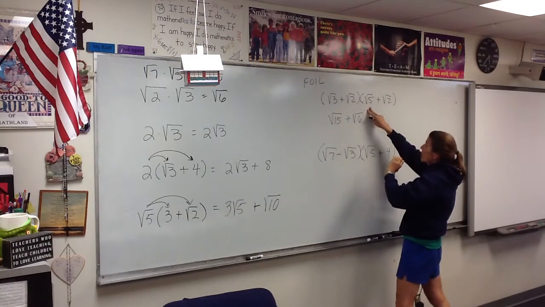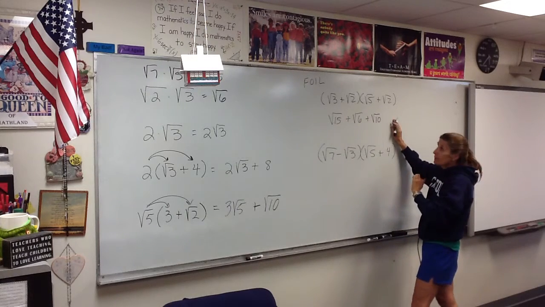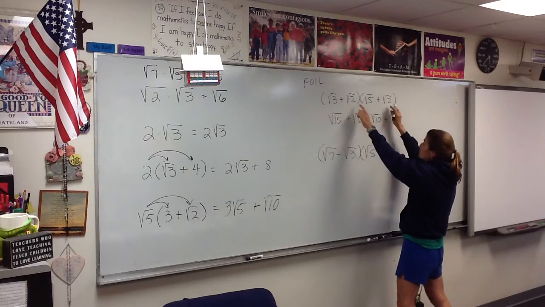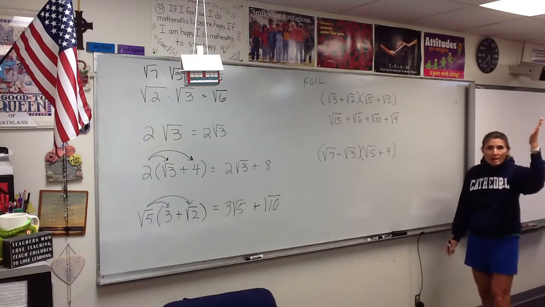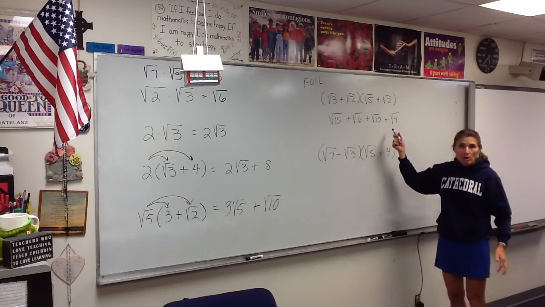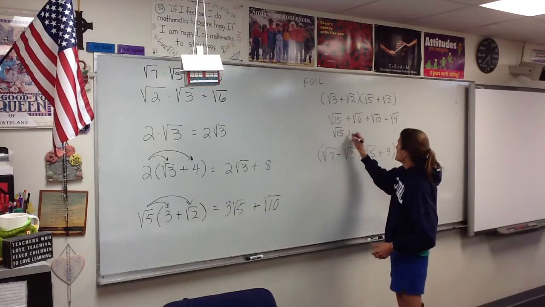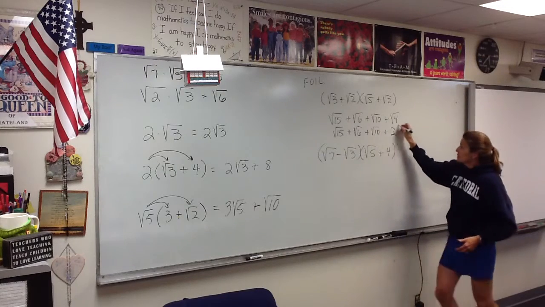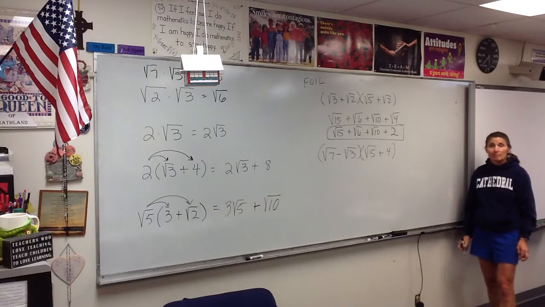Radical 2 times radical 5 is radical 10. And my last terms, radical 2 times radical 2 is radical 4. Wait a minute. What's radical 4? It's just 2. So I have root 15 plus root 6 plus root 10 plus 2. And that is the answer to the question.